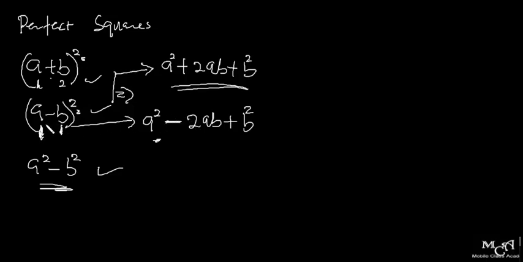That is twice 2. Product of a and b is ab, right? Then square your second term, which is b. Minus times minus is going to give what? Positive. And that's how we arrive at positive here. So it's going to be positive b squared.